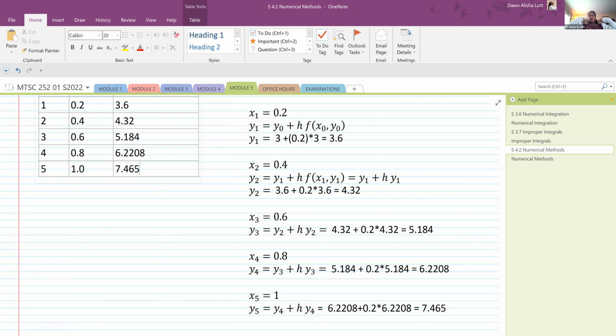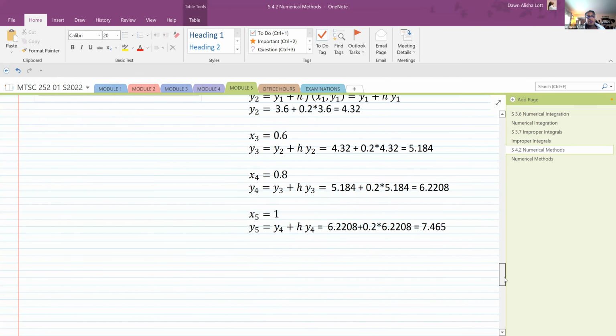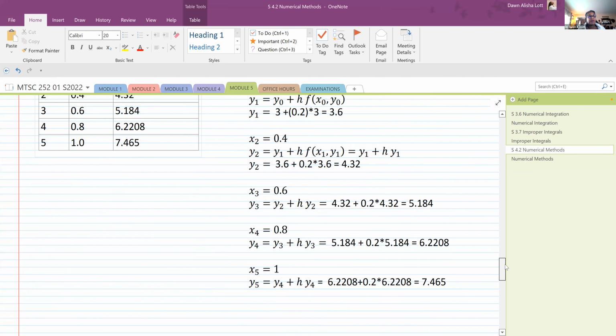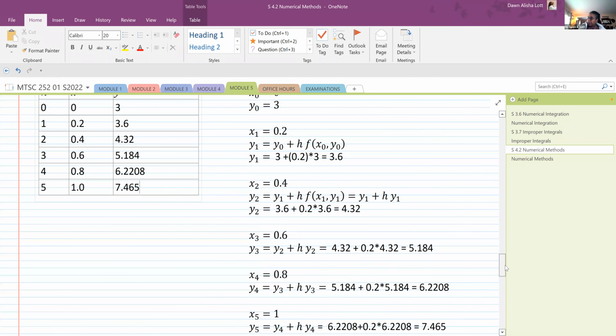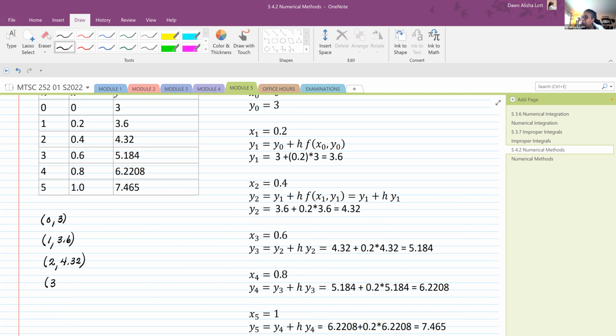So now let's suppose we went to graph this. Okay. So if we went to graph this, we are graphing the following points. 0, 3, 1, 3.6, 2, 4.32, 3... Oh, I am wrong. I am very wrong.